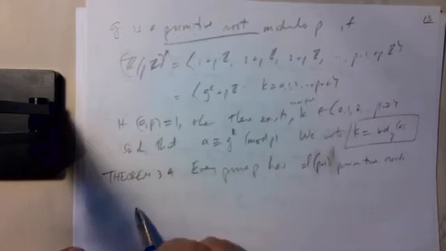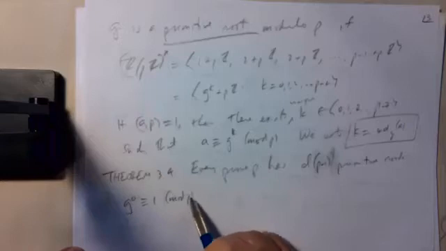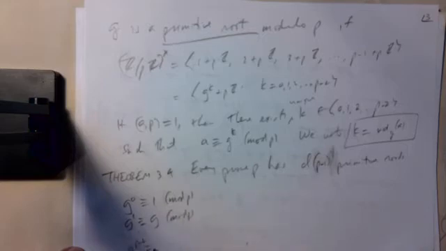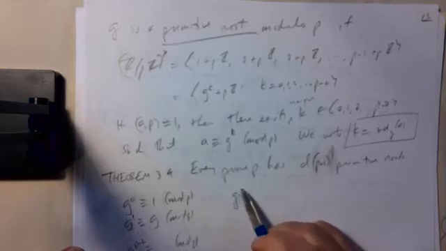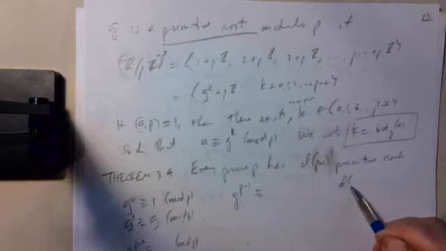So for example, g to the 0, that's just 1 mod p. g to the 1 is whatever g is mod p. And so forth. g to the p minus 2 is whatever it is mod p. But g to the p minus 1, well, for a prime, phi of p is p minus 1.